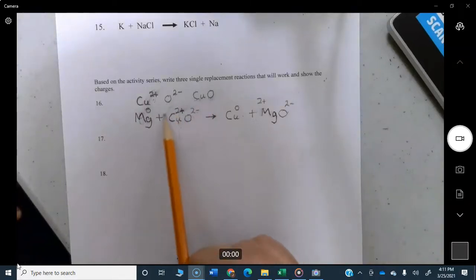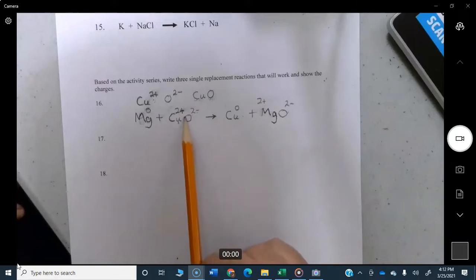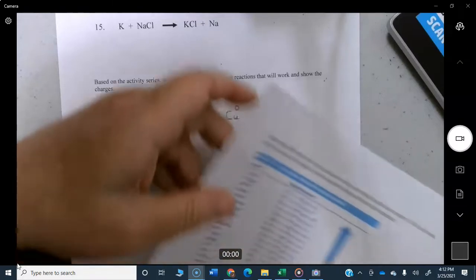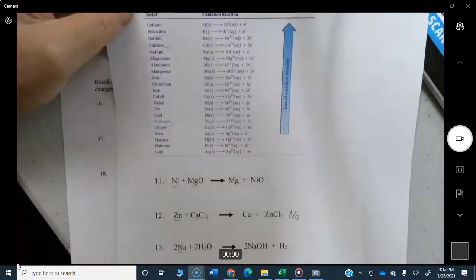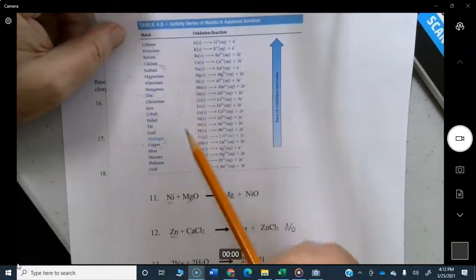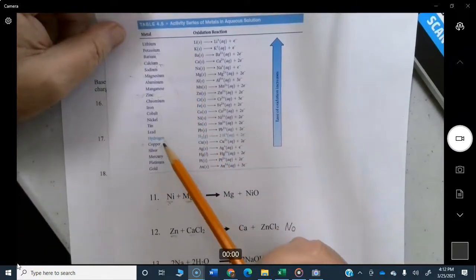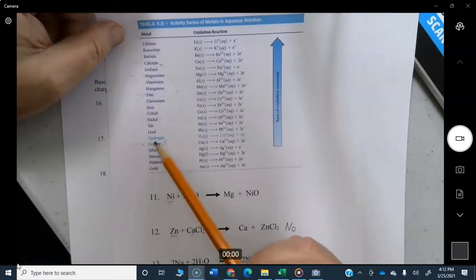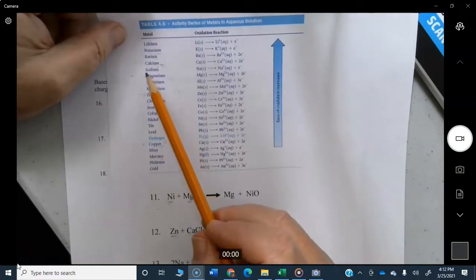Okay, so that's going to be the ionic compound I start with. So there you see the copper has the 2+, the oxygen has the 2-, so that's an electrically neutral compound right there. Now, I need to pick an element that's a metal that's up above copper, and that's pretty easy because almost everything is up above copper. It's up here because copper has to be stronger than the element I'm going to pick, so I'm going to pick magnesium.